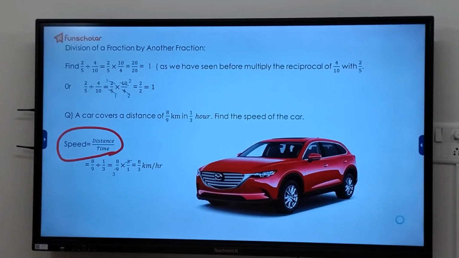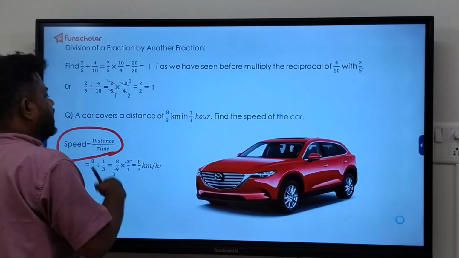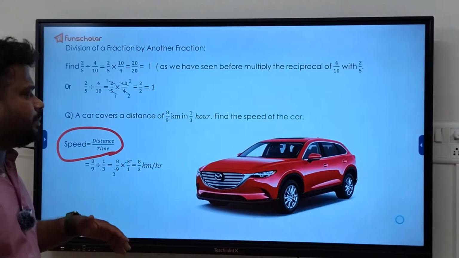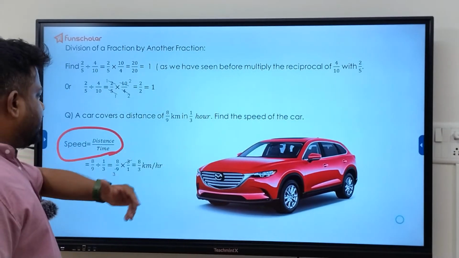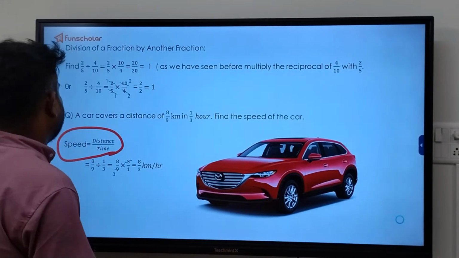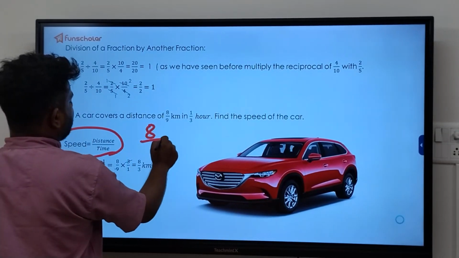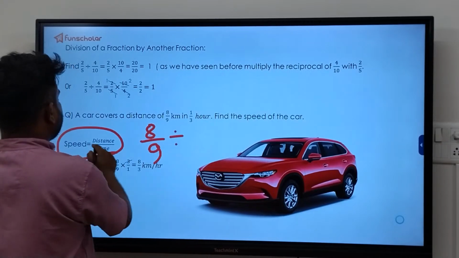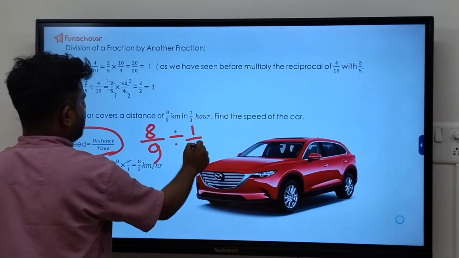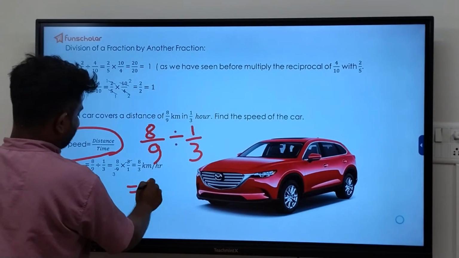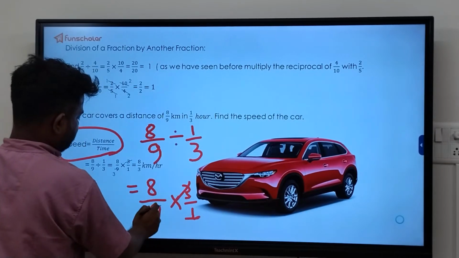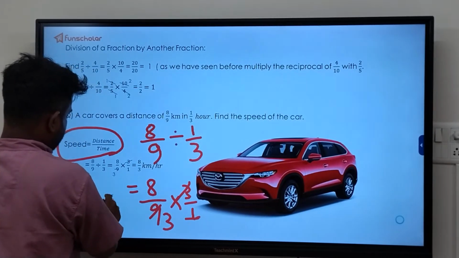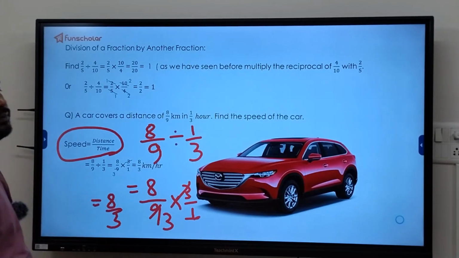To find the speed, we have to know the distance and the time it has taken. So distance is 8 by 9 kilometers, and we know that 'by' means division, and time is 1/3 hour. 8 by 3 will be the answer.